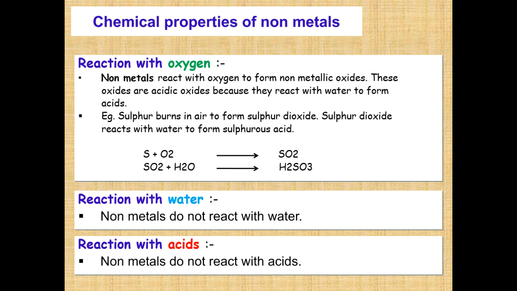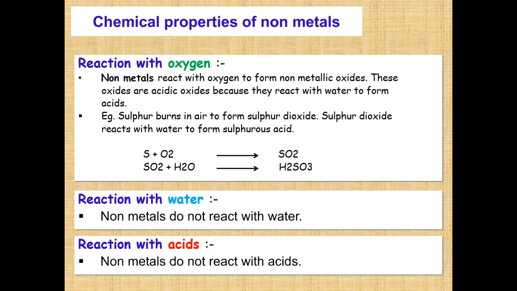Some more chemical properties of non-metals. When non-metals react with oxygen, they form a non-metallic oxide. These oxides are acidic oxides because they react with water to form acid.